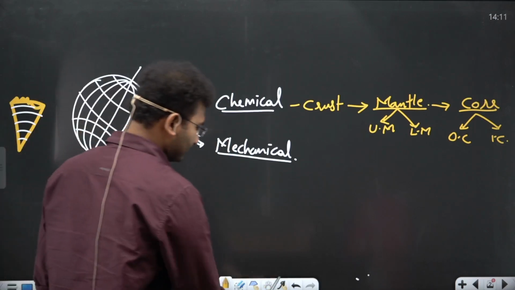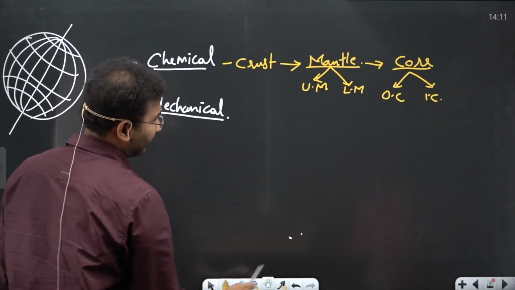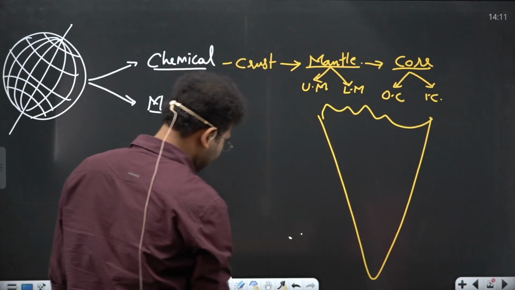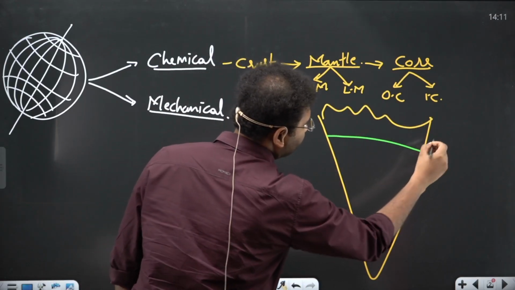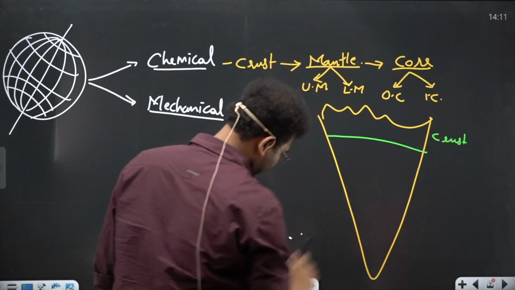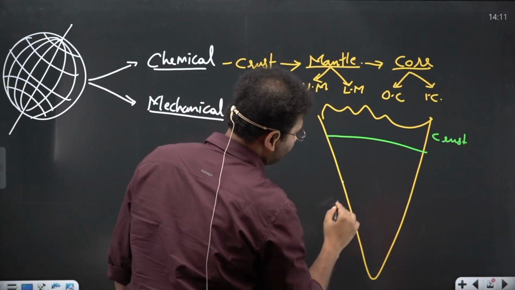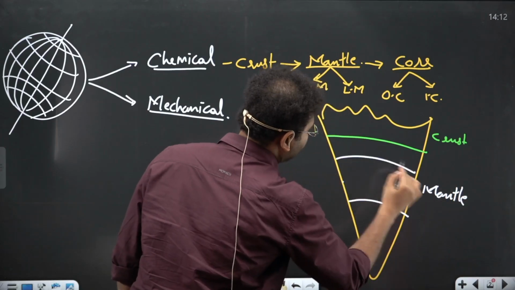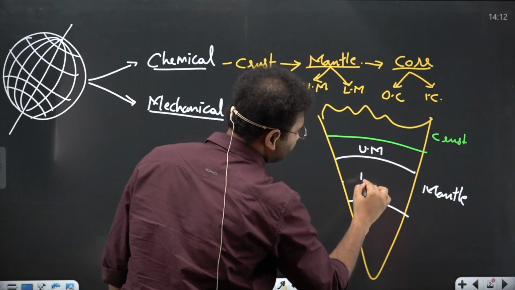In simple terms, if I take up the diagram, it is going to be like this. This is your crust, and then you will have the mantle, and this mantle, this is upper mantle, and this is lower mantle.